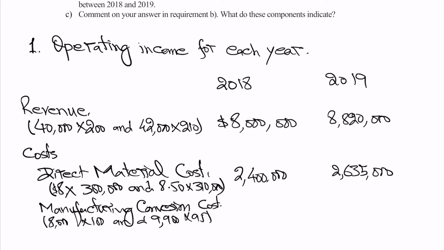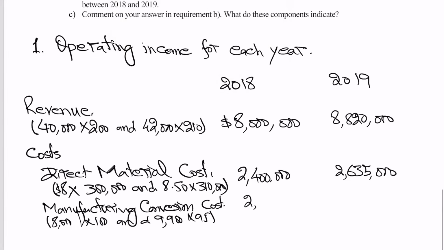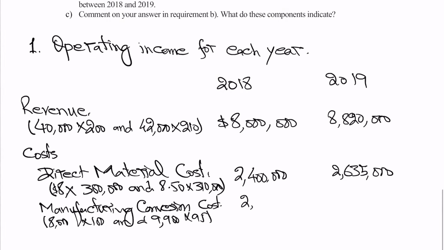So we see here it is 2 million. Oh, sorry, it's a 250. And it is also 250. So we see 2 million here in conversion costs, and it is 2,025,000.